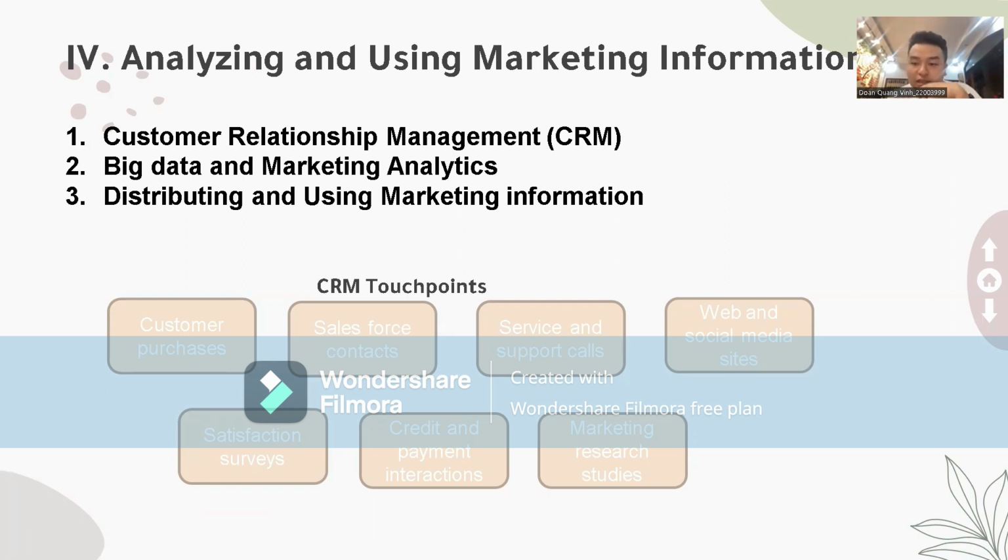So next, what is customer relationship management, also called CRM? CRM manages detailed information about a company's customers, and it consists of sophisticated software and analytical tools that integrate customer information from all sources, analyze it in depth, and apply the results to build stronger customer relationships.